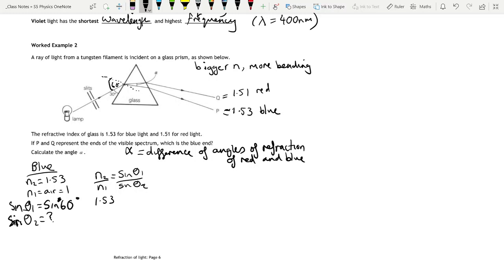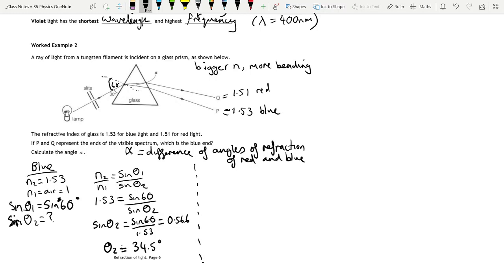So 1.53 divided by 1 is just 1.53, equals sine 60 divided by sine theta 2. So sine theta 2 will be sine 60 divided by 1.53, which comes to something like 0.566666. So theta 2 is the inverse sine of that. Just keep it in your calculator, do inverse sine of the answer, which comes to 34.5 degrees. So that's the angle of refraction for blue light.